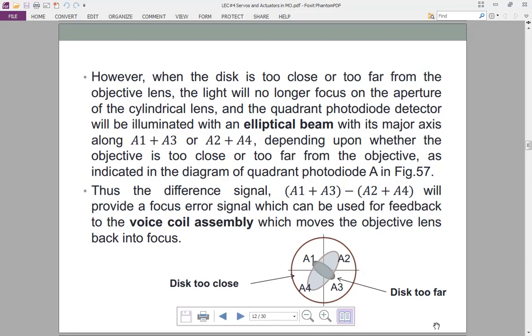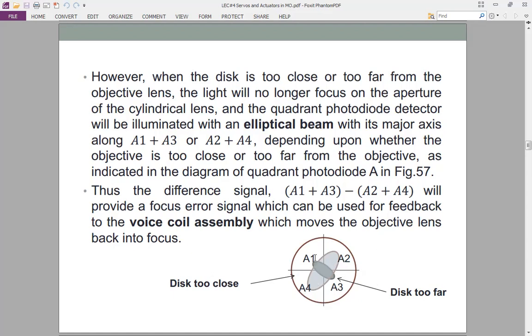If you look at the cross-section of a quadrant photodiode shown there, we have two ellipses. If it is too far, then the ellipse will be along A1, A3. If it is too close, then the beam will be along A2, A4.